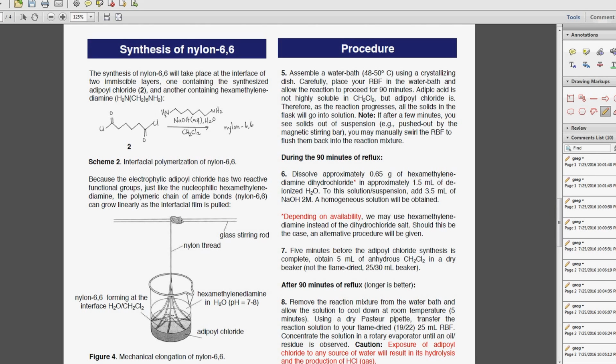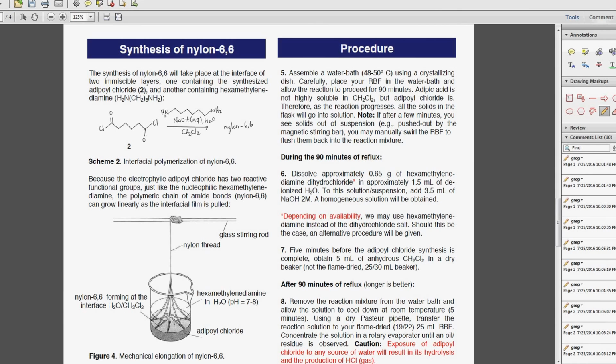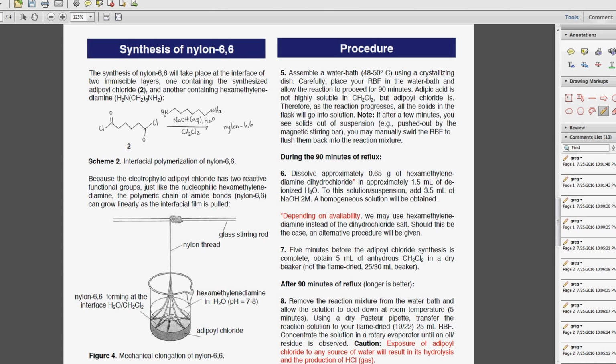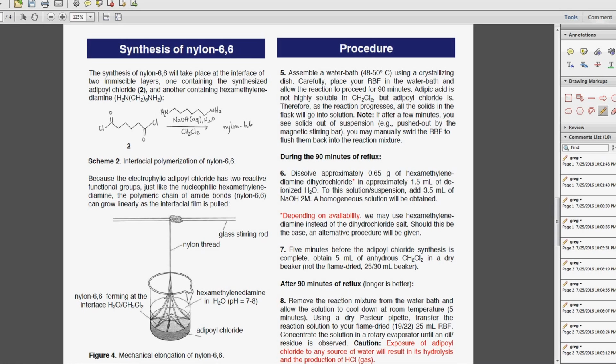What's so fundamentally interesting about this is that because that reaction is happening at the interface, you will actually be able to control it. Only the reaction occurring at the interface is happening, so you'll get this thin film that we'll take a hook into and start pulling up.